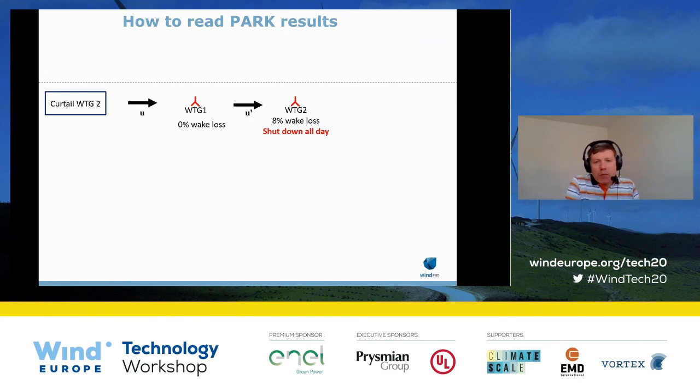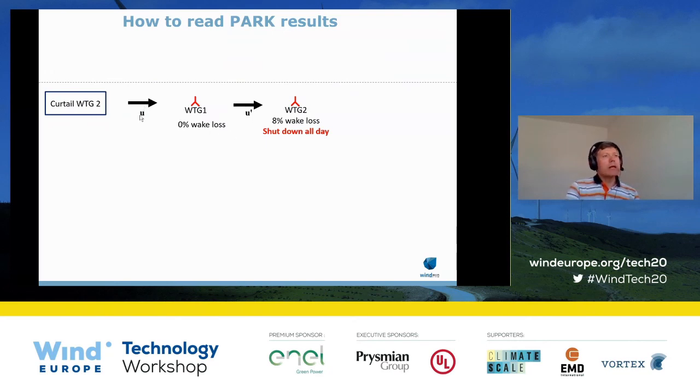Curtailments usually mean losses. So what windPRO does in that case is to keep the wake losses somehow separated from the curtailment losses. And that's what the scenario illustrated here was trying to show. So in a situation like that, number one is fully operational. It gets a certain wind speed, obviously no wake losses.